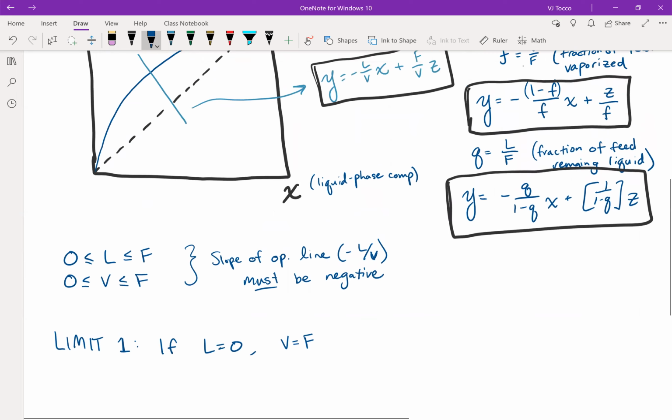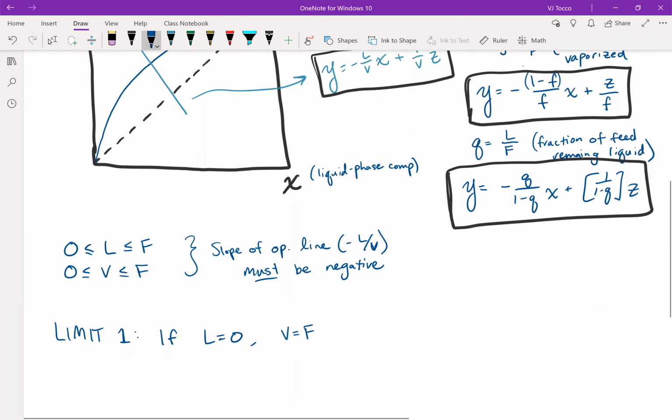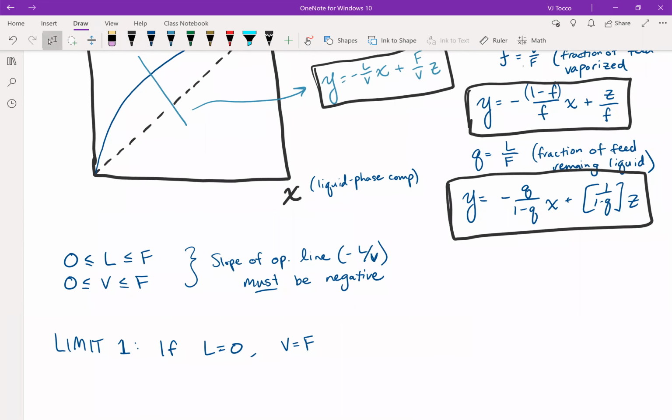What happens to the slope of the operating line in that case? So for L is equal to 0, we have Y is equal to minus 0 over F, X, which is 0, don't be confused by this, plus F over 0 times Z. So that means that my intercept is going to be undefined because I'm dividing by 0, and also that my slope of this line is going to be negative.